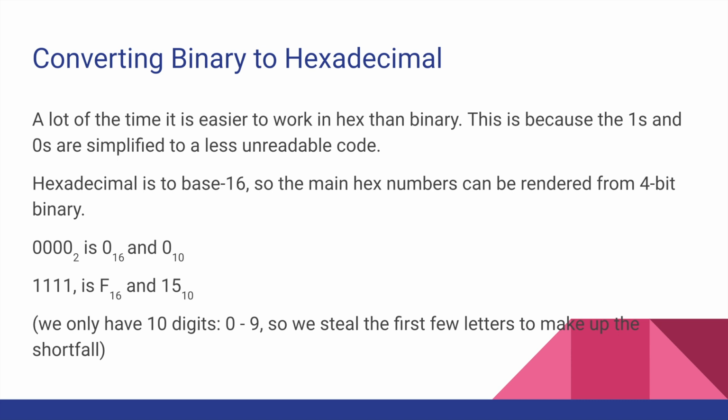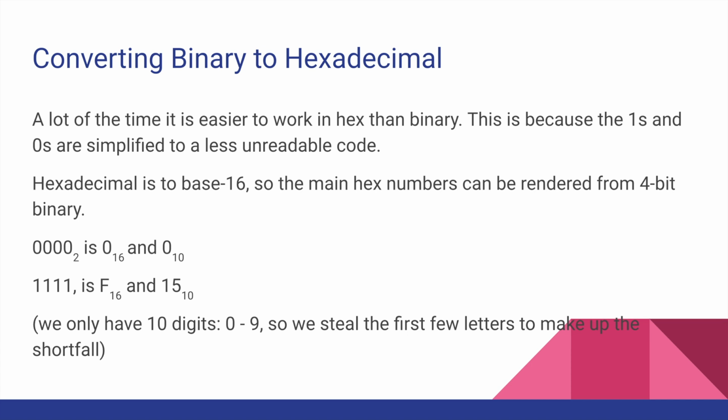We only have 10 digits in our Arabic numbering system, 0 through 9. So before we get to double digits, we need to get to a value for 15. So we steal the first half dozen letters from the alphabet. So 0000 in binary is 0 in hexadecimal and correspondingly 0 in decimal.